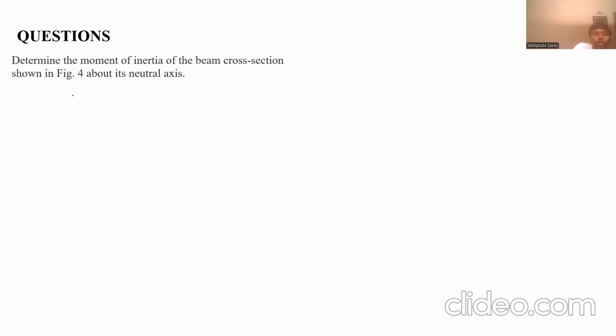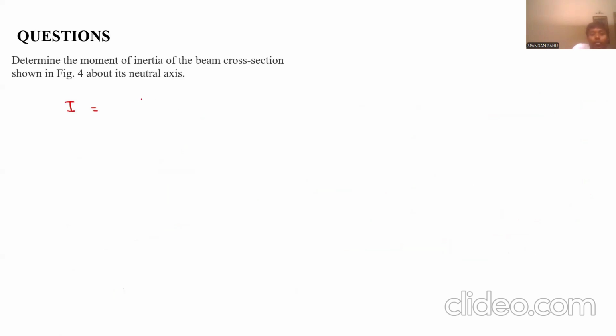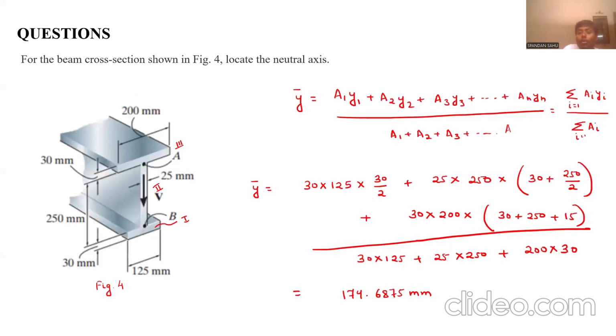You have to write the Ixx for the first portion. So bd cube by 12, so 125 into 30 cube by 12, because it is a rectangular section, plus A into (y minus y1 bar) whole square.